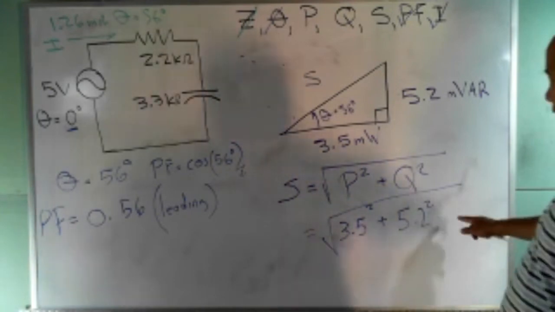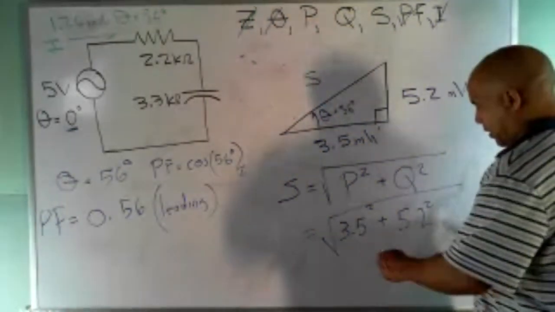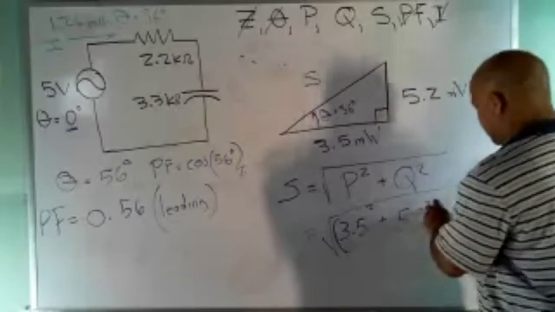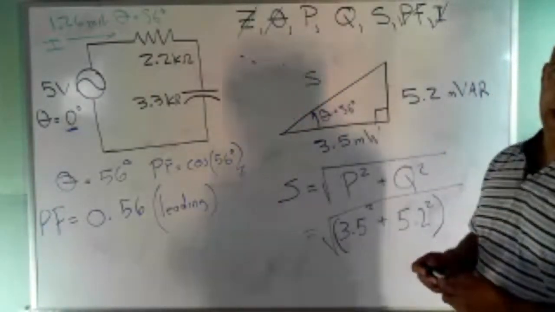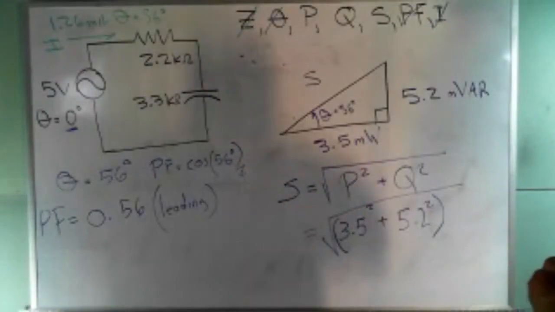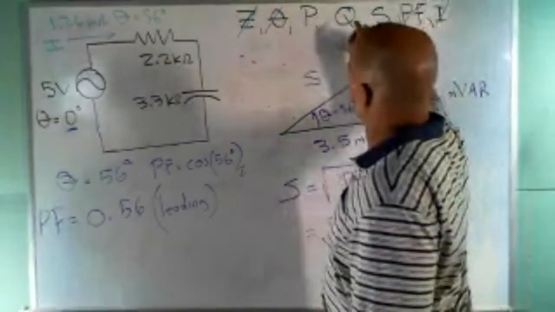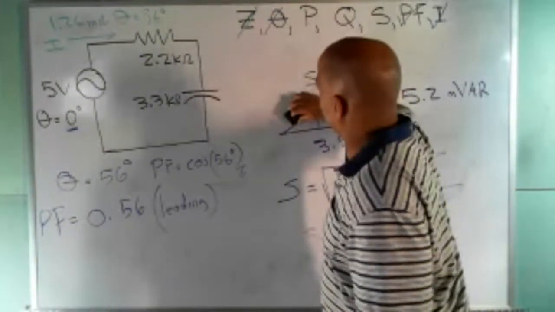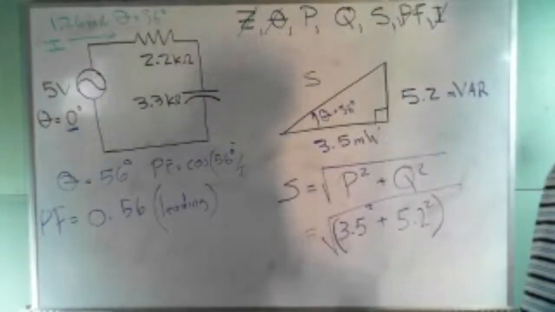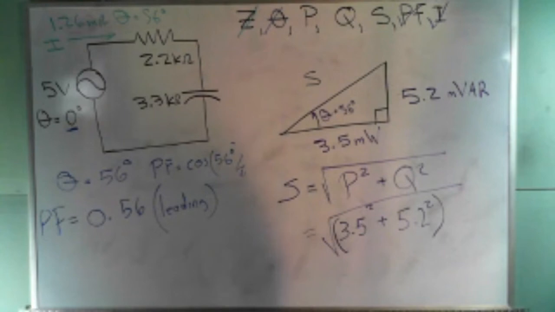All right, so what do you get for this? I suggest you put parentheses around it to force your calculator to give you the right answer. I got 6.27, but don't quote me on that. I got 6.27 as well. Agreed. All right, so we're done.